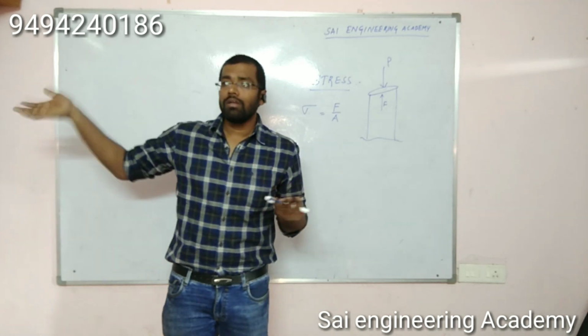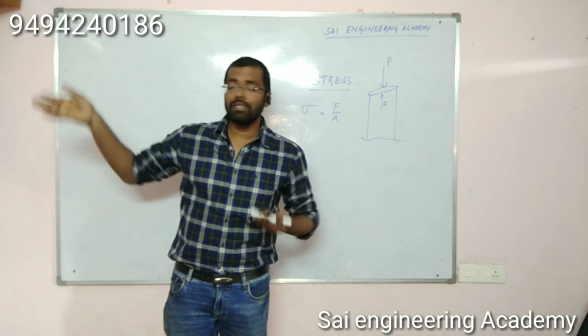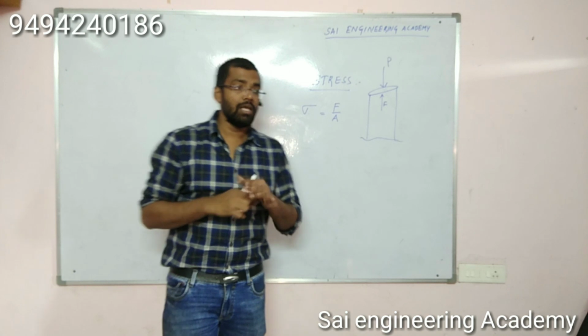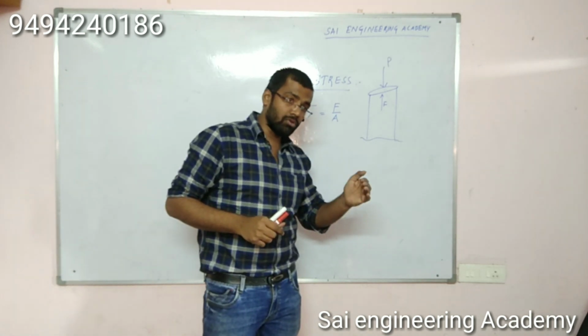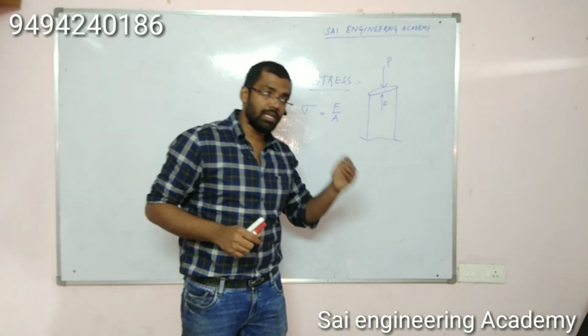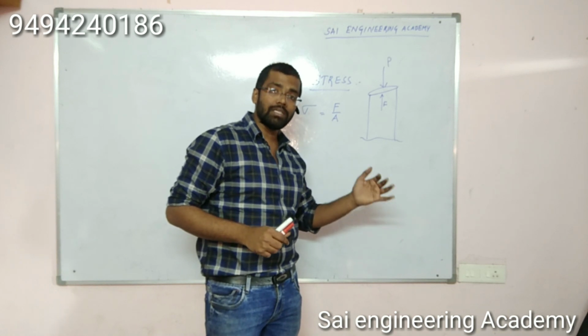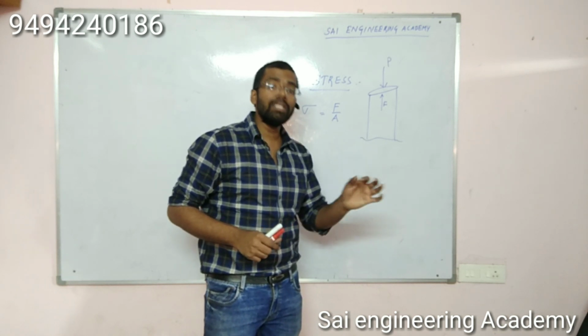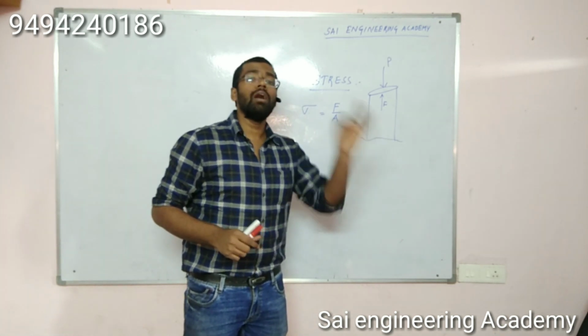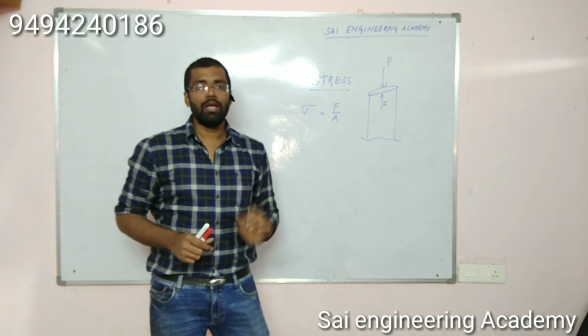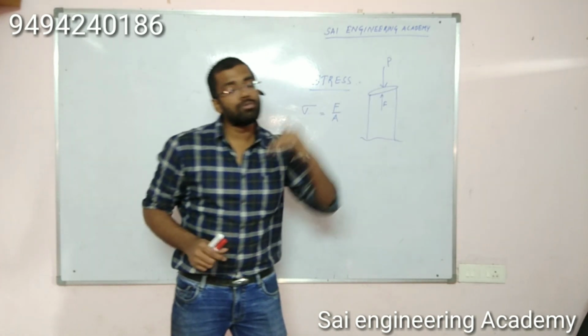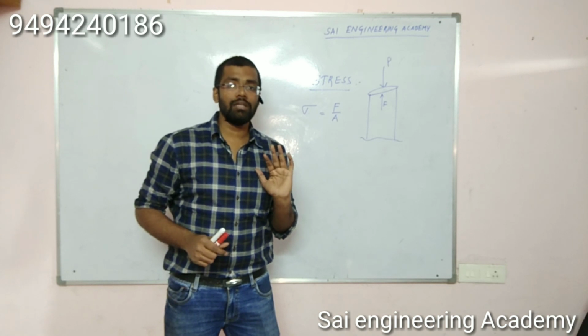I won't apply 100 kilonewton. Try to understand this: any body's or any component's internal resistive force depends only on the applied load. That much only will I give as internal resistance.